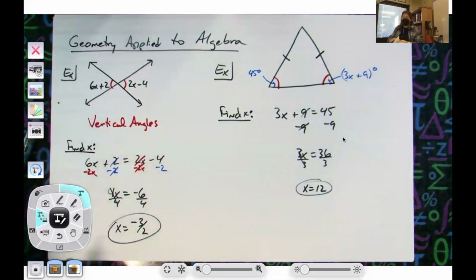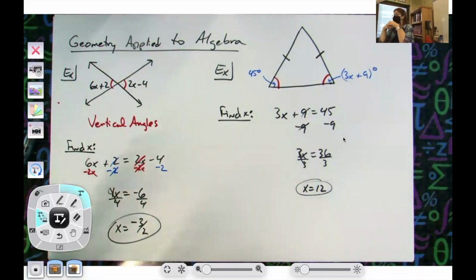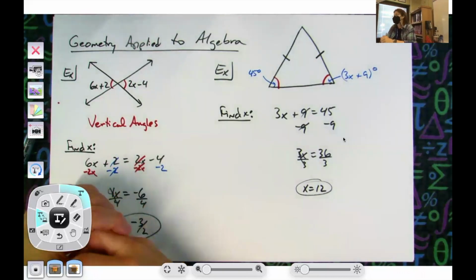Now, I don't think there were questions that were mean, median, mode, range. It asks you to find the mean, the median, the mode. Those are measures of central tendency. Yes, they're in chapter 2. However, I'm not going to review that.